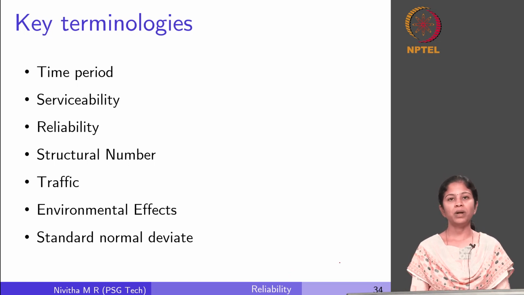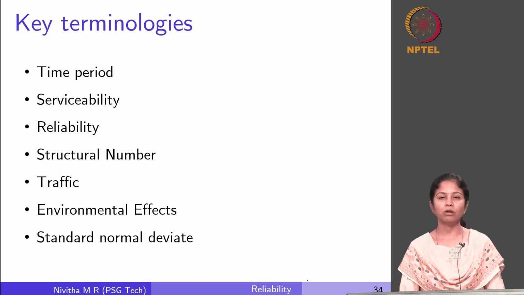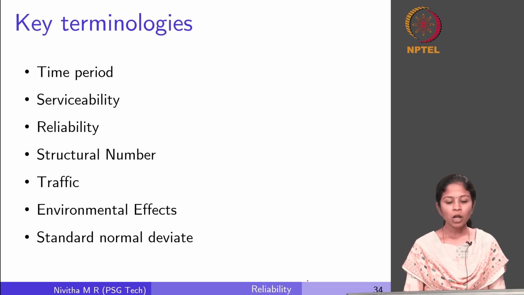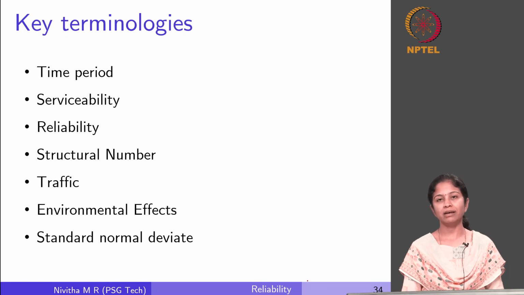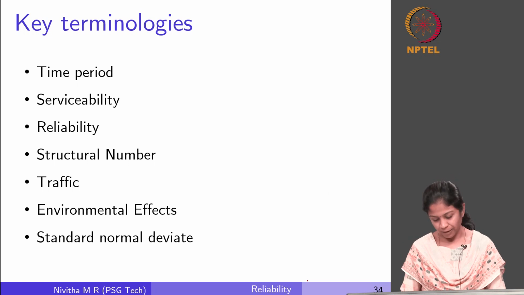EALF is used to convert any given axle to equivalent number of repetitions of standard axle, and mixed traffic is used to take into account different types of vehicles into one parameter, right. These things we will see subsequently, and the environmental effects and how they are considered, and finally how to arrive at the standard normal deviate, right. So, at the end of all these topics, we will go back and revisit the same equation and see how to use it for the design procedure.